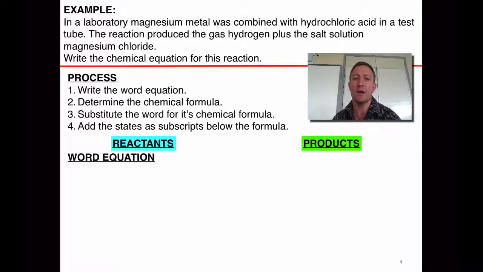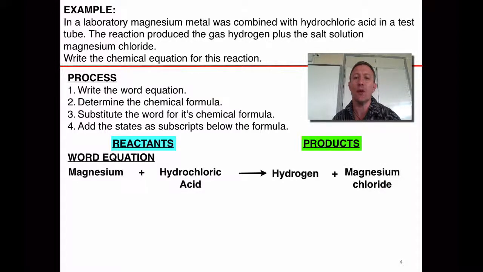As you can remember, we must look for the reactants first. That was magnesium and hydrochloric acid. Then we need to look at the products. What were the products in this reaction? Well, we've got hydrogen and magnesium chloride. We then add the states. Remember, magnesium solid, hydrochloric acid as a solution, hydrogen's coming off as a gas, and magnesium chloride as a solution again.